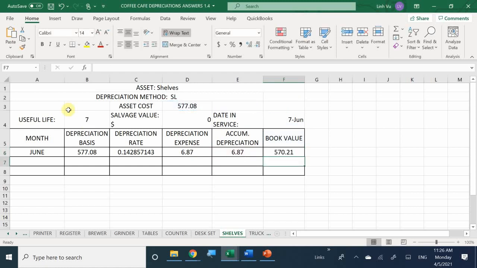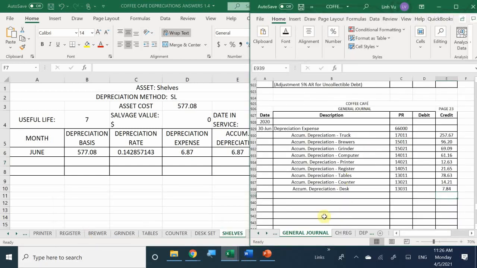And here we are, $6.87. Okay, that should be for 13041 for $6.87.